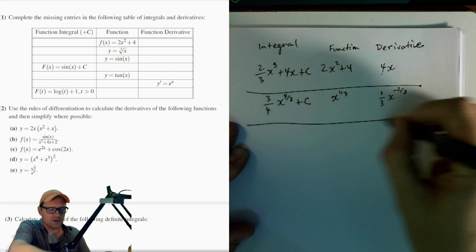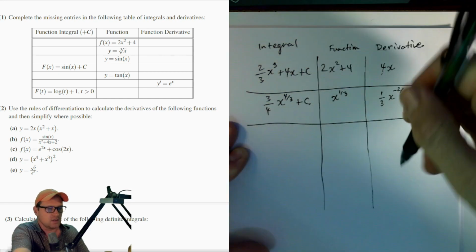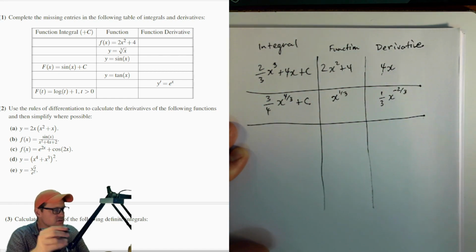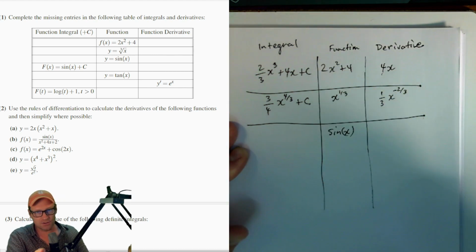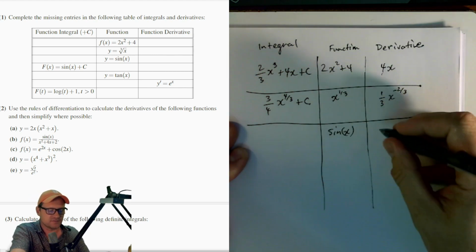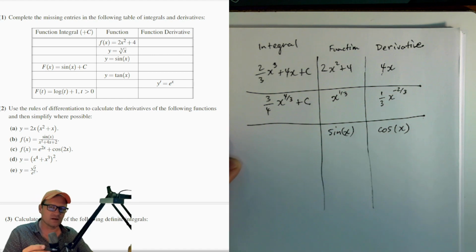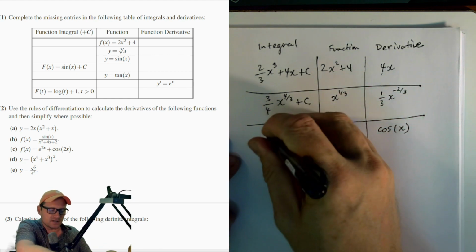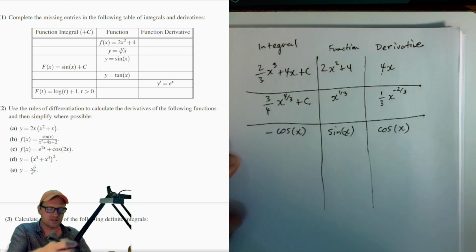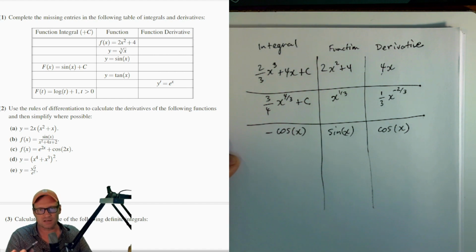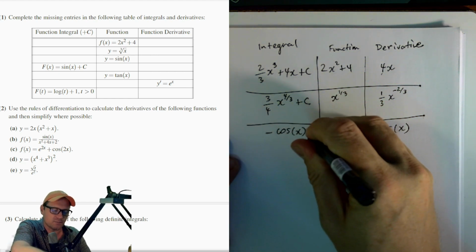Okay, let's draw another line for a new row, and let's move on to sine of x. You should just remember that the derivative of sine of x is cos of x. Now going the other way, the integral of sine of x is minus cos of x, because the derivative of cos of x with respect to x is minus sine of x. So minus gives us sine of x. Okay, so this is the integral, but we need plus c.